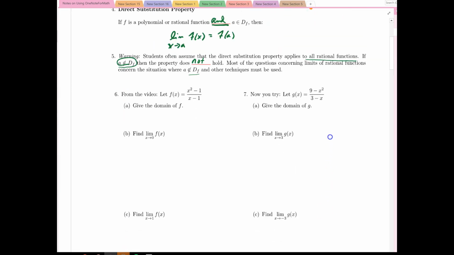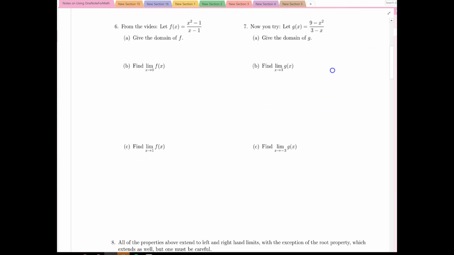So let me summarize what I just said with this one example here, example 6, and then you'll get to repeat it. So let's look at this function here. It's a rational function. f of x is equal to x squared minus 1 all over x minus 1. So I ask you to give the domain of this function. Well, you guys have had some practice in calculating the domain.